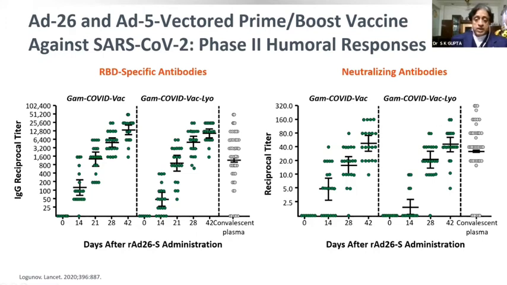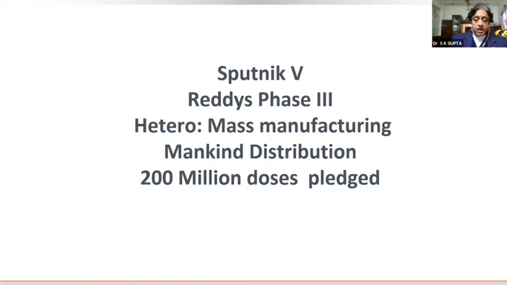This too is a good vaccine on board, and India has already placed orders for about 200 million doses, by which we might be able to vaccinate about 10 crore people. You might be aware that Dr. Reddy's Laboratories has been conducting phase 3 trials in India, Hetero Pharmaceuticals will have the mass manufacturing facility, and Mankind Pharmaceutical in India is going to have the distribution rights.